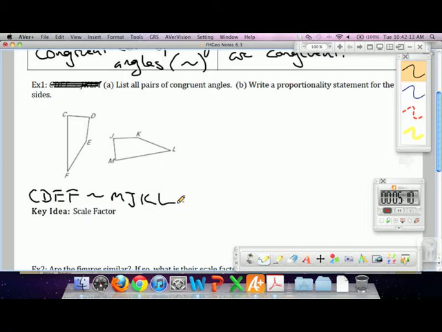So for example, listing the pairs of congruent angles. For my similarity statement, I should have angle C is congruent to angle M. I should have angle D is congruent to angle J. What would be two other congruent angle pairs, just from the similarity statement?